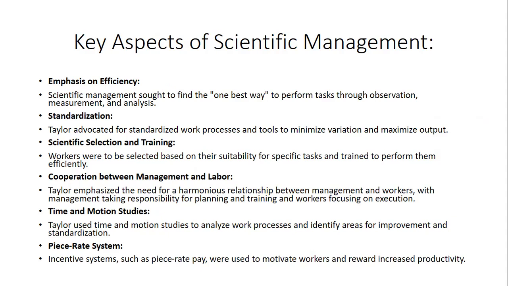Proper selection and training of workers, better coordination between the top management and labor workforce, then setting up standard time and observing the motion studies of the human body in the work process and adapting better human ergonomics for doing highly complicated jobs within the workplace, identifying the most critical area in the workplace for better improvement and standardizing the human effort by simplifying the tough jobs in a much better way, then implementing the piece rate system.